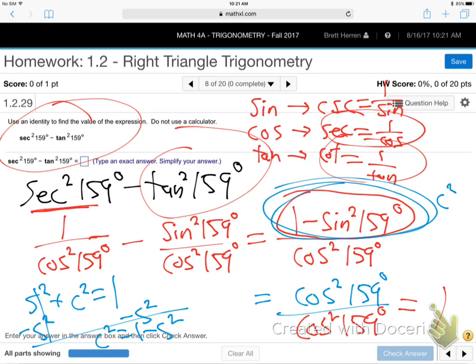Does that make sense? So that's one of the hardest ones. Questions I can answer? So a couple of key theorems. Secant is 1 over cosine, tangent is sine over cosine. And then when you see 1 minus sine squared, you got to recognize that's cosine squared. That's called the Pythagorean identity. Okay.